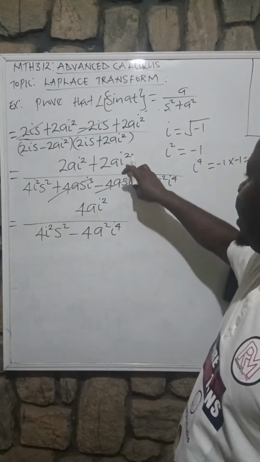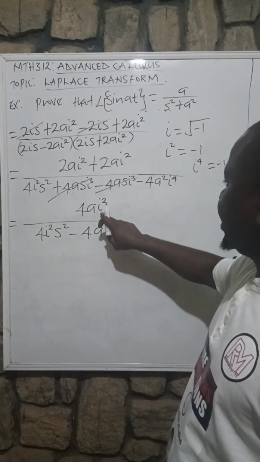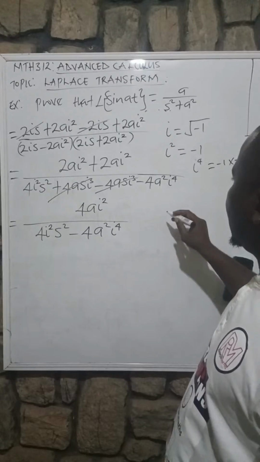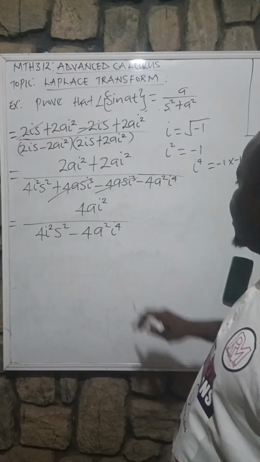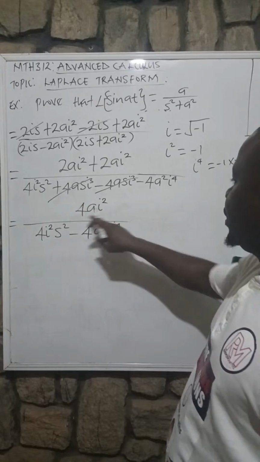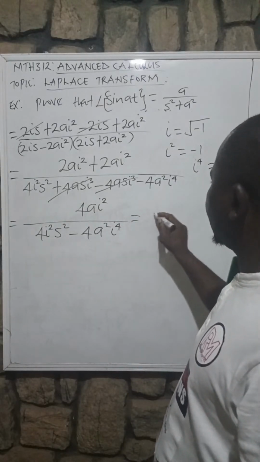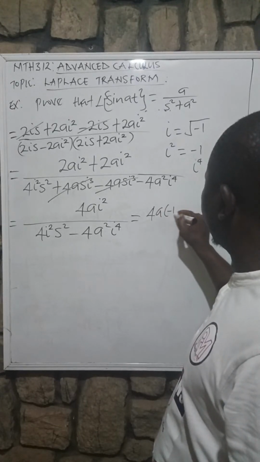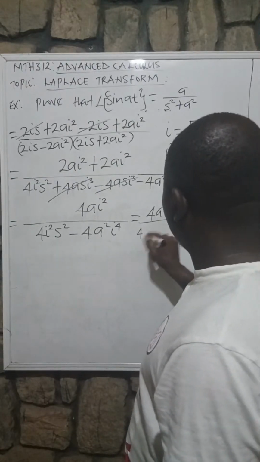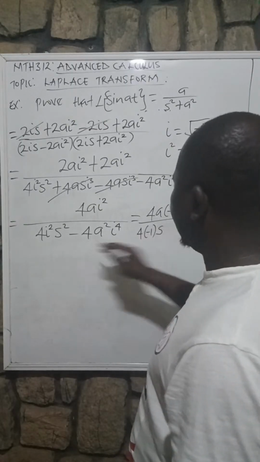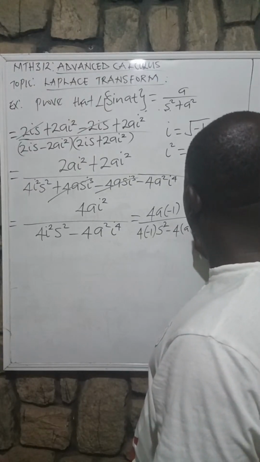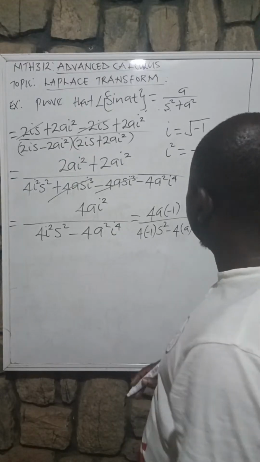So if you can see what I am saying here, like here is minus what? Here we are going to have minus 1, right? Minus 1 times this, how it will be, 4a open bracket minus 1, then all over i squared is minus 1, so 4 open bracket minus 1 raised to power 2, then minus 4a, then this is times 1, right?